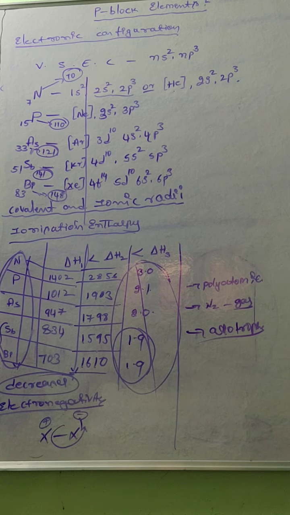Nitrogen is a diatomic gas, and the remaining elements are polyatomic solids. As we go down the group, with increase in the size of an atom, the covalent radius increases with a decrease in ionization enthalpy.